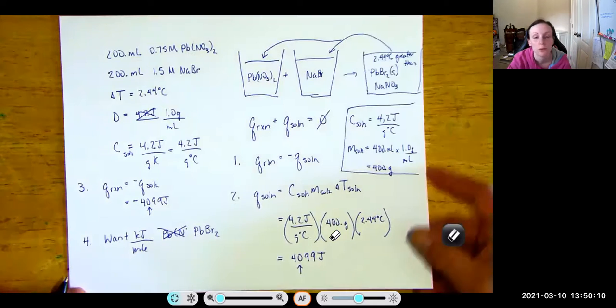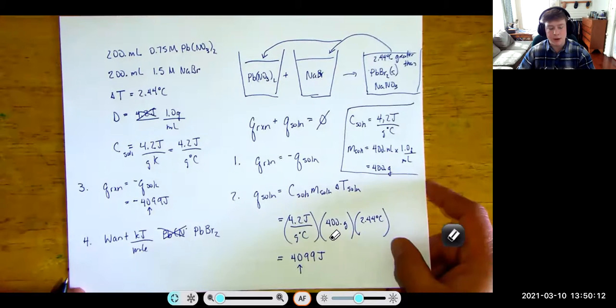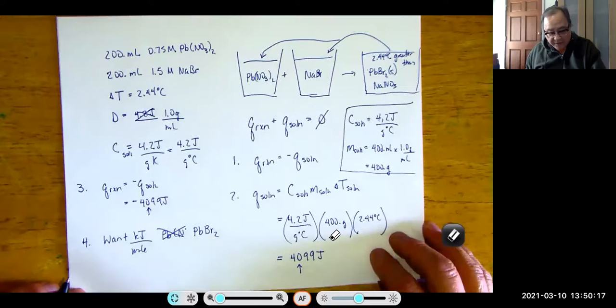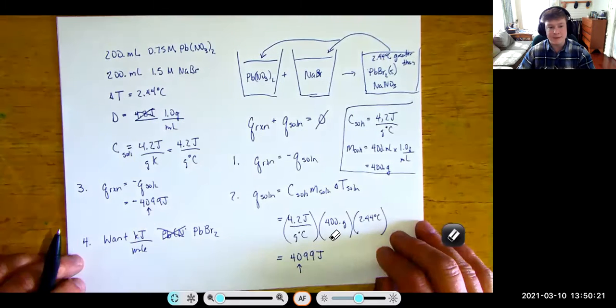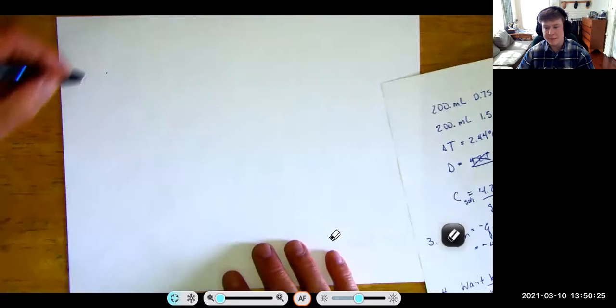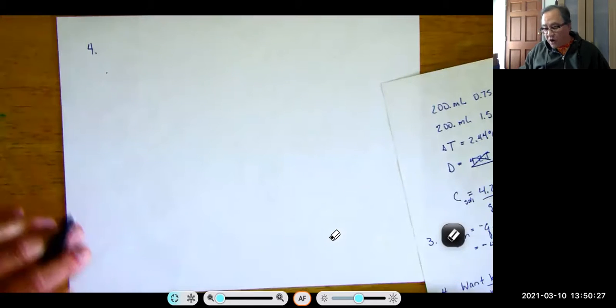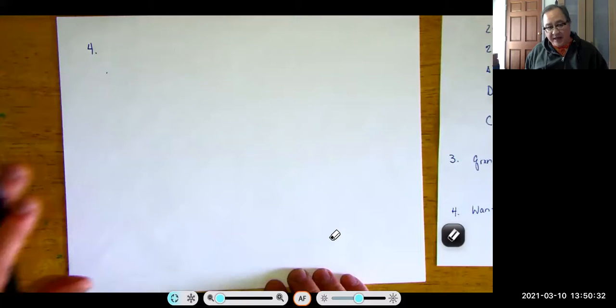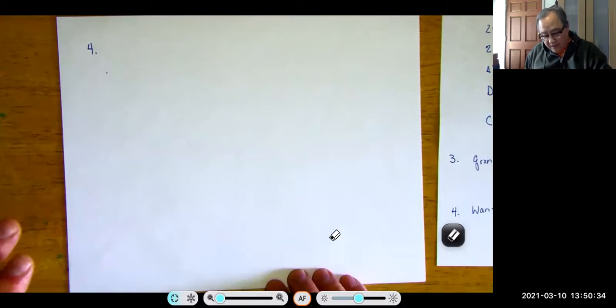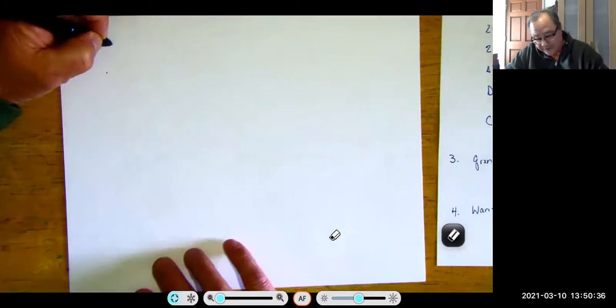So you take the moles with your reactants and your products. But we're not given the moles. We're given the milliliters and the molarity. Sorry, but we know that the solution is close enough to water, but we need the moles of lead bromide. So what we have to do is this.